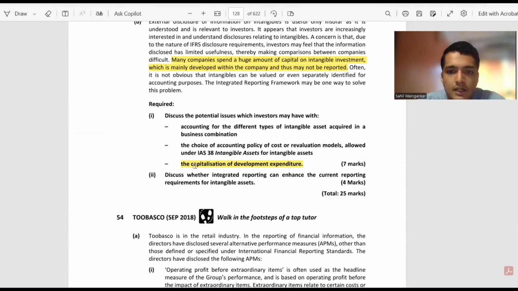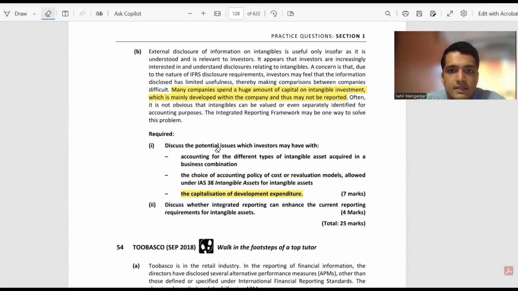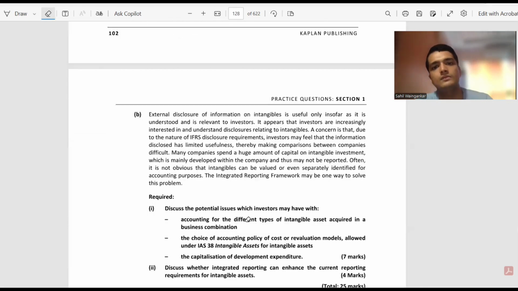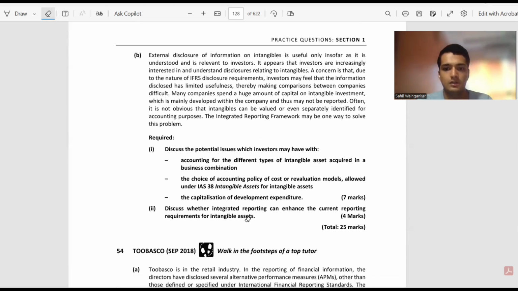डिस्कस वेदर इंटीग्रेटेड रिपोर्टिंग कैन एनहांस द करंट रिपोर्टिंग रिक्वायरमेंट्स फॉर इंटेंजिबल एसेट्स. Integrated reporting. This is where integrated reporting can enhance the current reporting requirements of intangible assets.